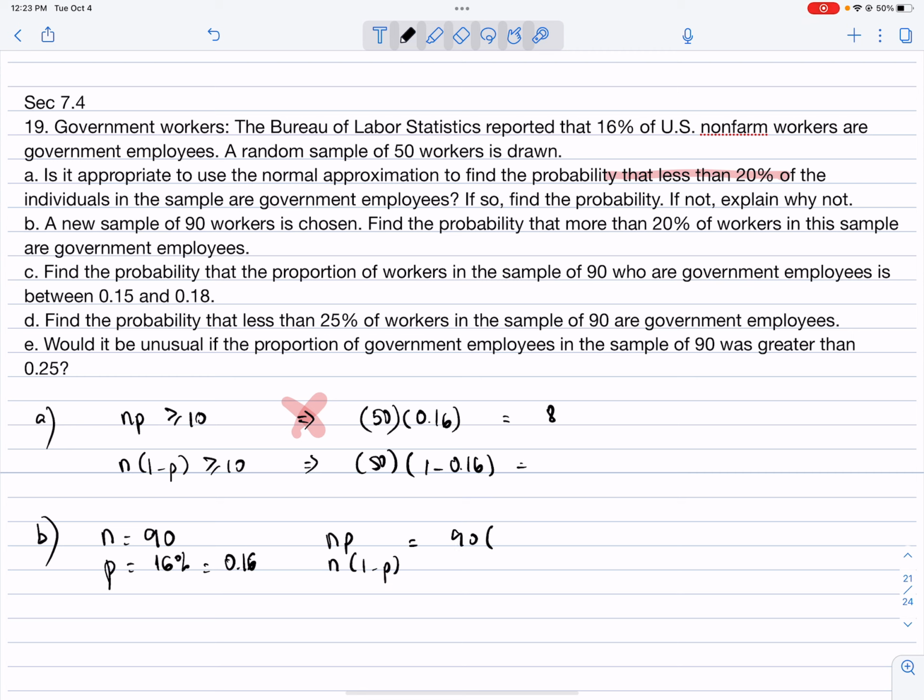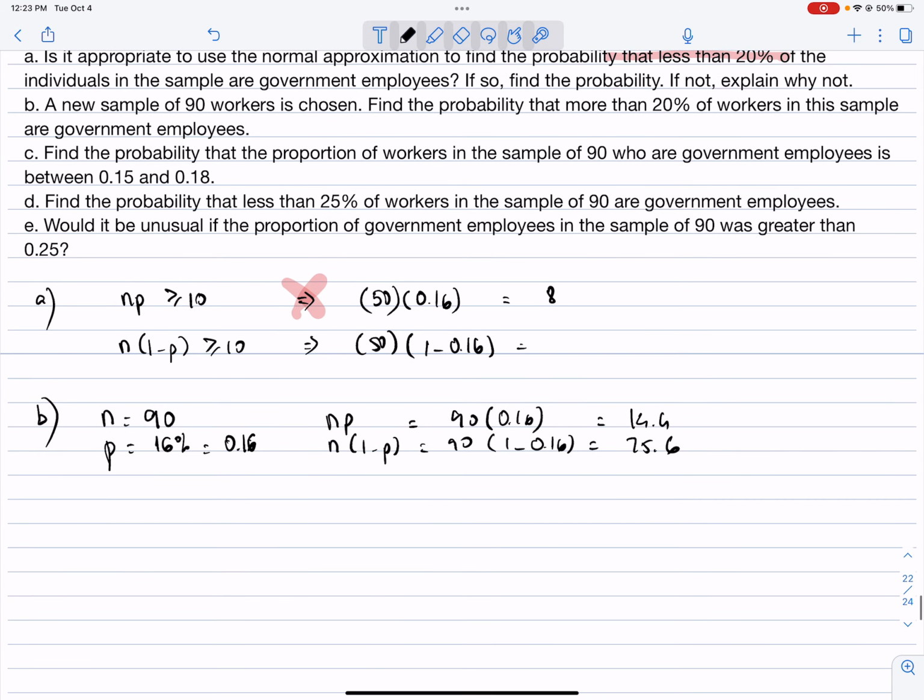So 90 times 0.16 is 14.4, and 1 minus 0.16 multiplied by 90 is 75.6. Both of them are greater than 10. Then we can apply the central limit theorem.